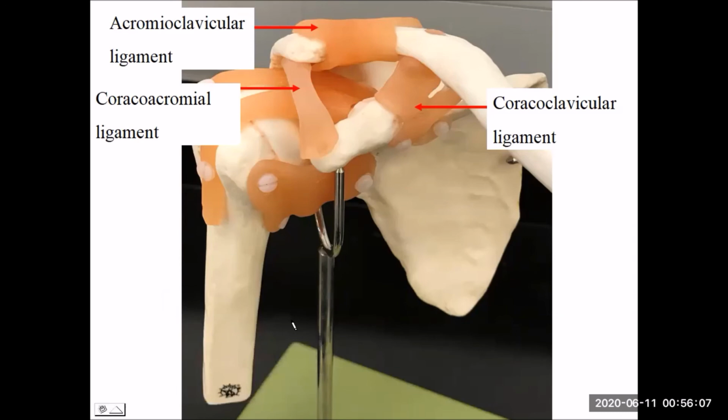So here we are seeing a model of the pectoral girdle, we see the clavicle, the scapula, the humerus, the area of the shoulder joint. And we can see the labeling. So between the area of the acromion of the scapula and the clavicle, connecting those two areas together, acromioclavicular ligament.